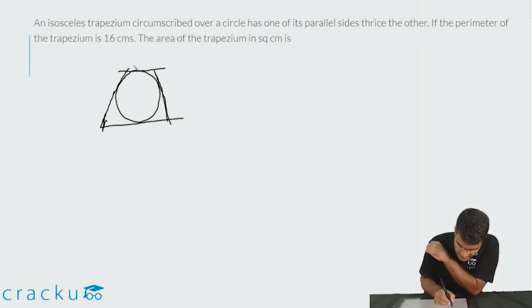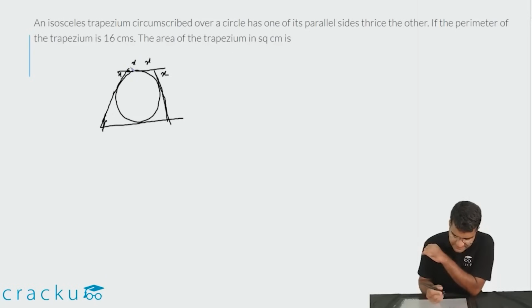Now suppose this is x and this is x and this is x and this is x. They are all x because they are all tangents starting from the same point, and it's an isosceles trapezium. So the length of this side is 2x. It has been given that the other parallel side is 3 times this one.